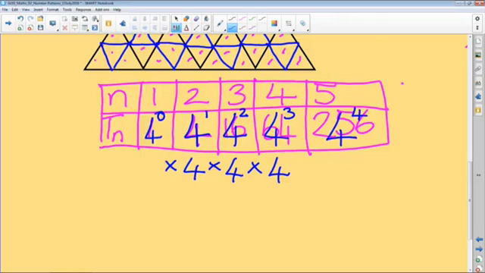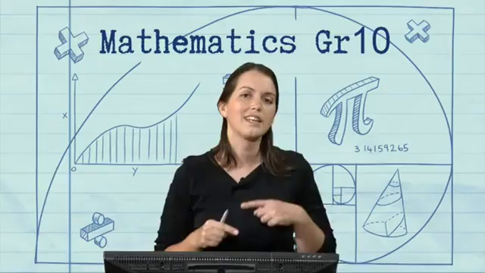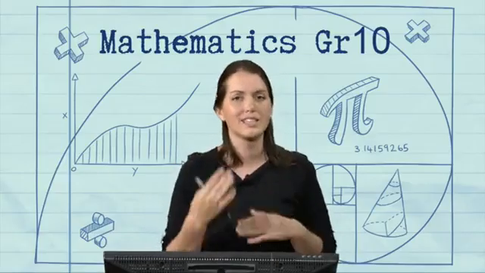But the problem is the term number is not the same as the exponent number. Look, term 2 is not the same as that 1. And term 3 is not the same as that 2. Can you see that there is a relationship between them though? You should be able to see that it is 1 less than the term number.